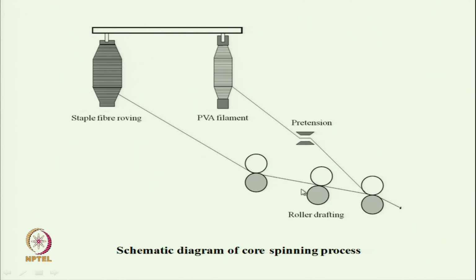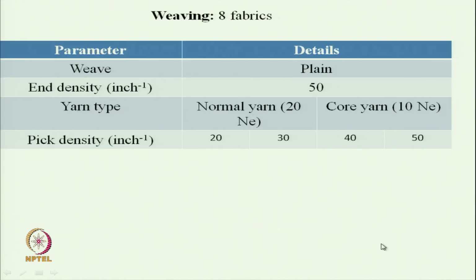It has been drafted, and after the front roller during twisting this PVA filaments form the core structure, and here the fabrics were produced, 8 different fabrics were produced. With the plain woven fabric, ends per inch was kept constant for all the fabrics, 50.